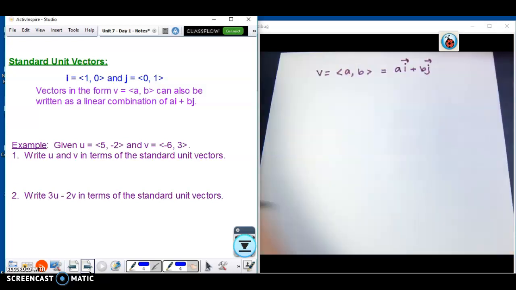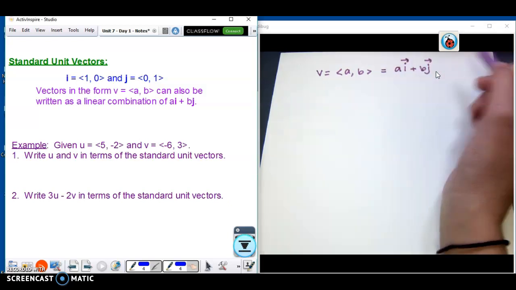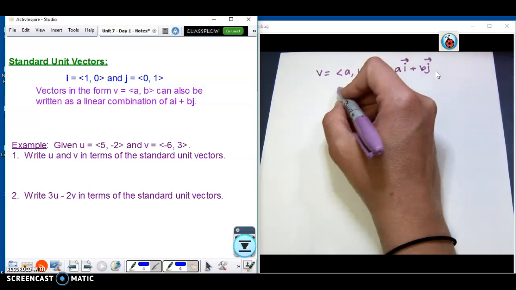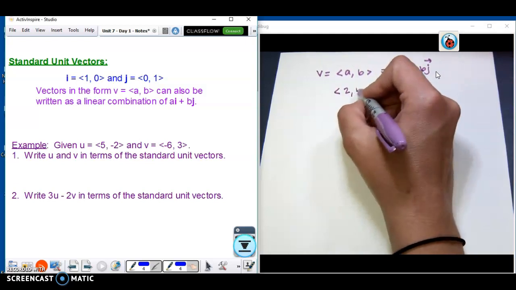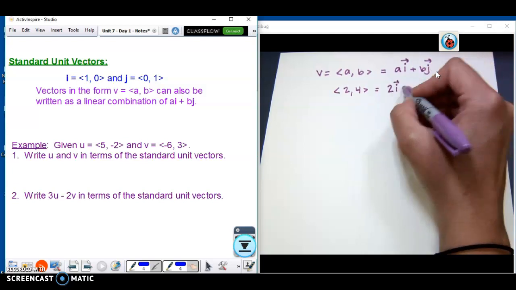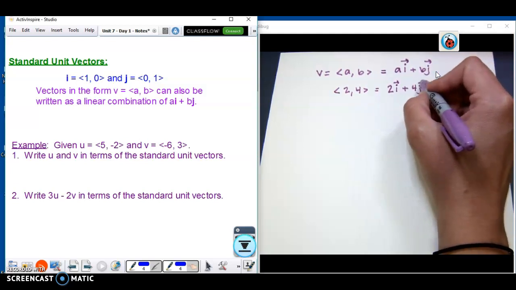Now, a couple things to notice. If you look on the actual slide, I didn't put the vector on top of i and j. These are actually in bold, and if you can write it in bold, you don't have to write the vector arrow. Being in bold represents the vector. But because I can't do bold on here, that's why I put my vector arrows there. So this is the same thing, okay? Let me just give you an example. If I said 2, 4 was my vector, this is the same thing as saying 2 vector i plus 4 vector j.